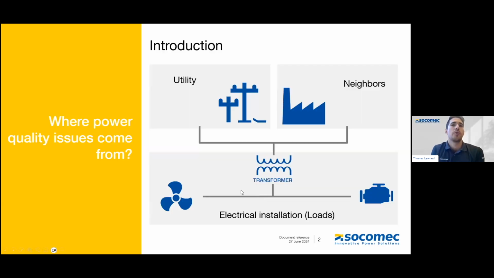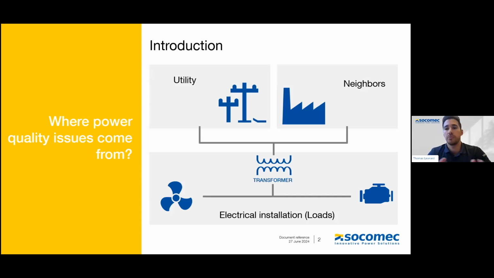Just a quick intro. We're going to talk about power quality and power quality issues in electrical installations. And I think it's important to understand that power quality issues and disturbances can come both from the utility, external to the electrical installation, but they can also come from your own distribution, from the loads.